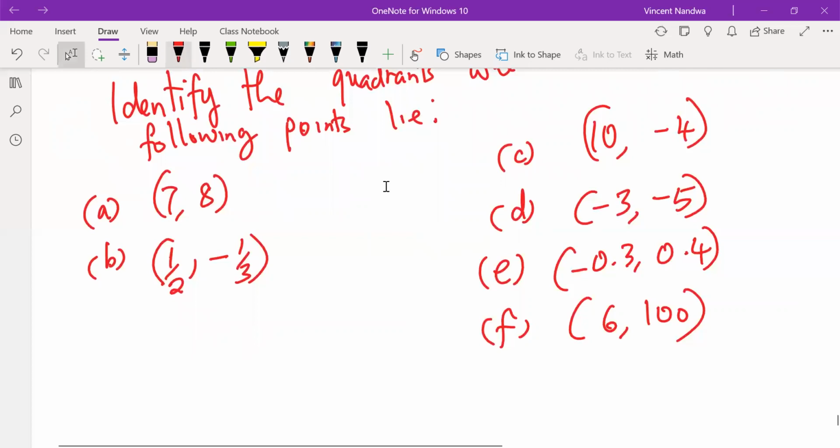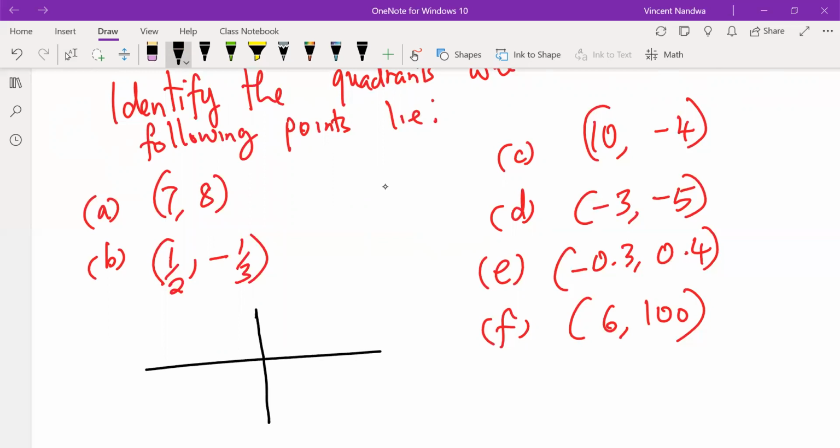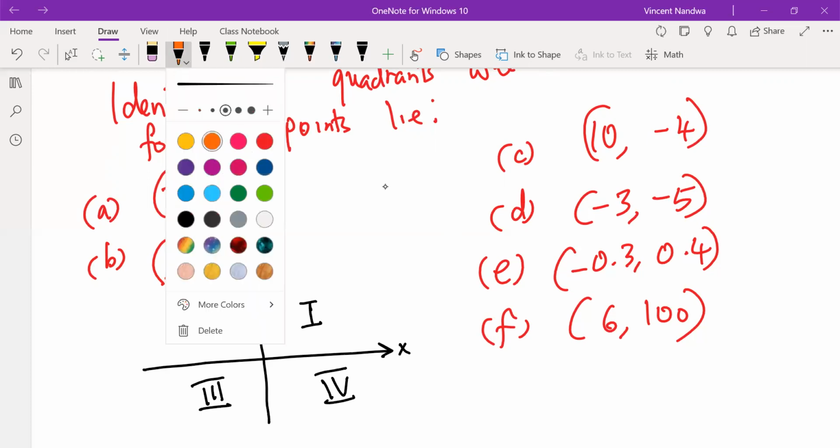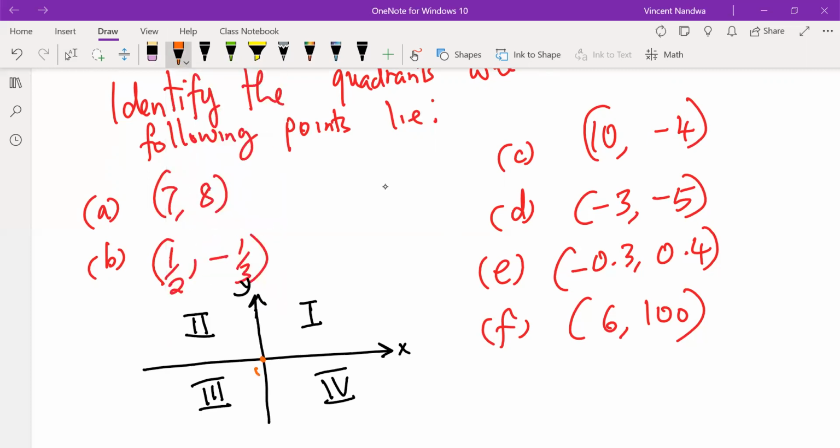Now, to answer this question, just remember that the coordinate axis is of this form. So this is the x-axis, this is the y-axis, and here is what we call the first quadrant. This is the second quadrant, this is the third quadrant, and this is the fourth quadrant. So going to the right, x is positive, going up, y is positive.